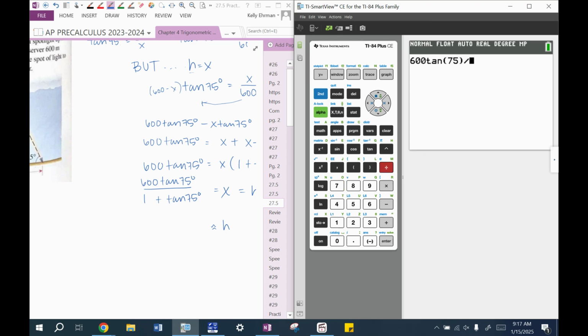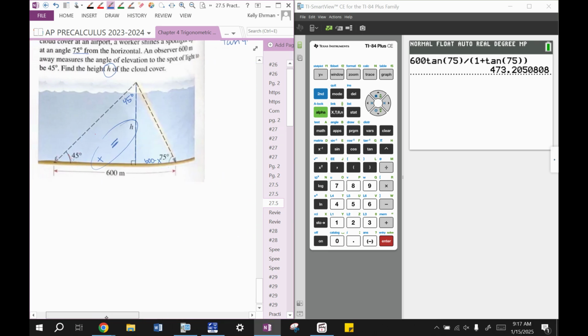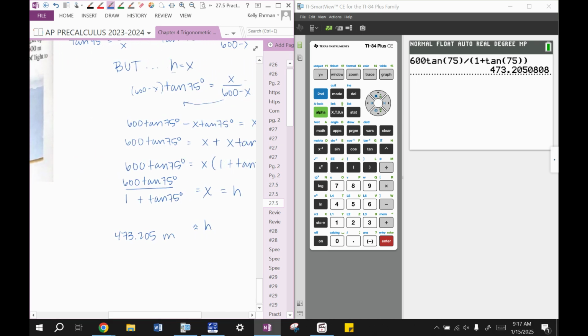It's the numerator divided by parentheses, the denominator. You need parentheses anytime you're doing addition or subtraction within a numerator or denominator. So I get 473.205, and that's measured in meters, because 600 was measured in meters.